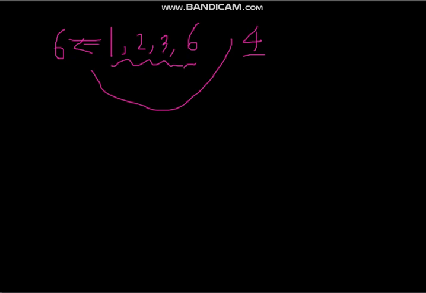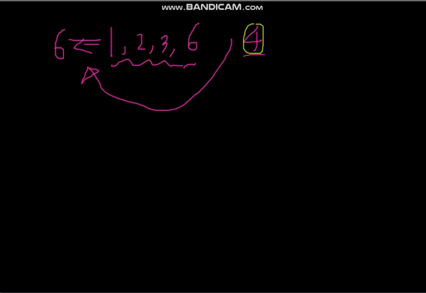So for example, you have 6. Whatever divides 6 with remainder 0 is 1, 2, 3, 6. So we say there are 4 positive factors of 6, right? So there are 4 number of factors.